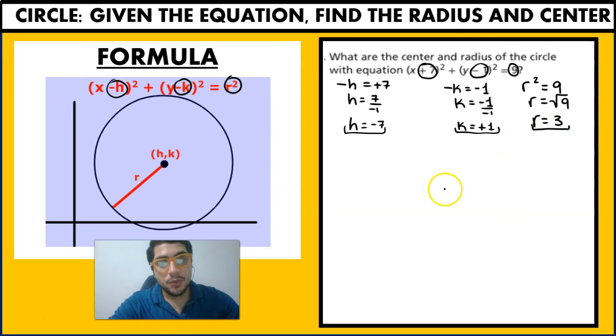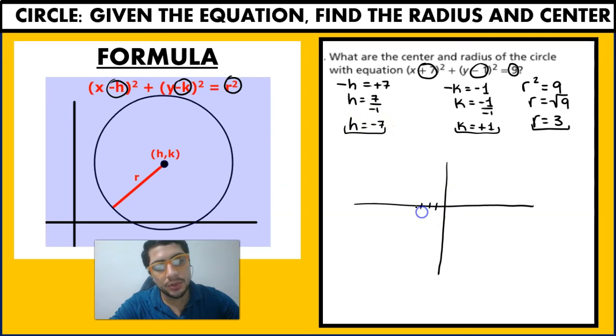Now, we have found that the center of this circle is going to be on h equal to minus 7, so it's going to be on x equal to minus 7. So 1, 2, 3, 4, 5, 6, 7, 8. So it's going to be on 7. 1, 2, 3, 4, 5, 6, 7. And it's going to be on positive 1.